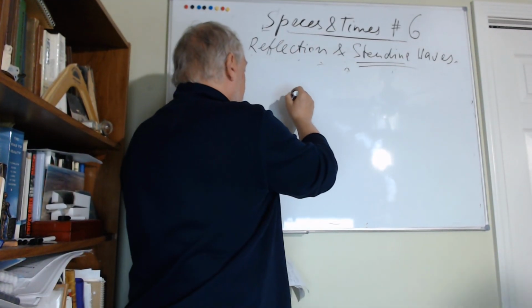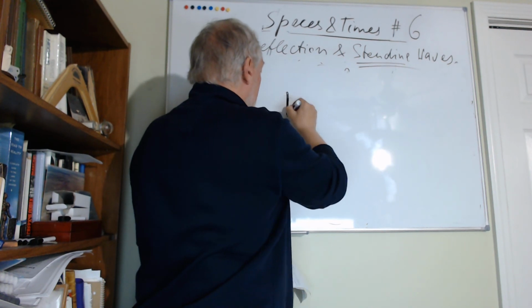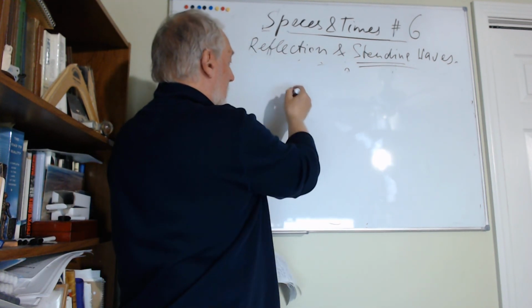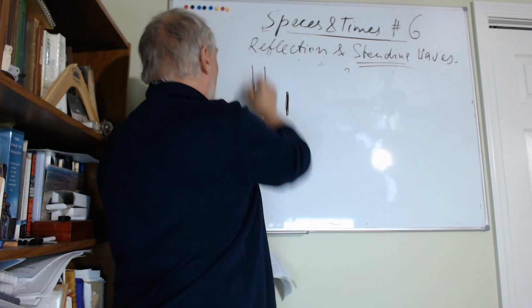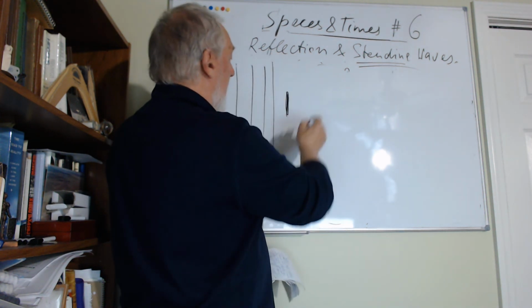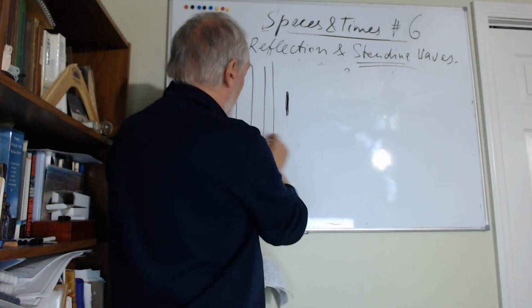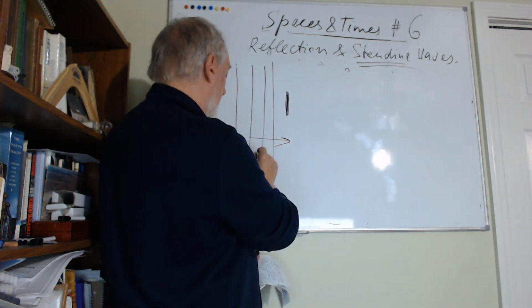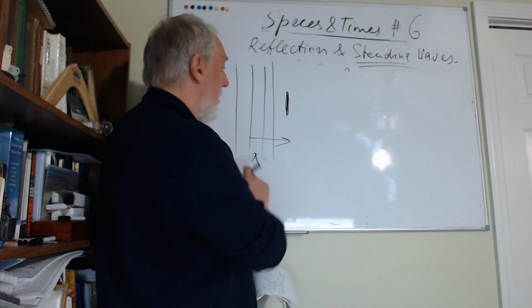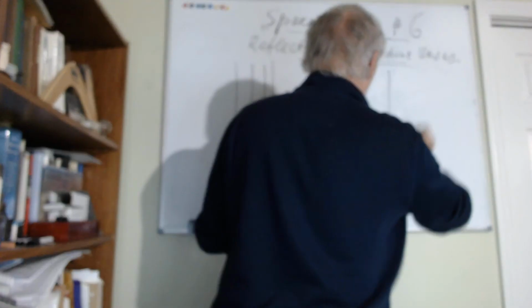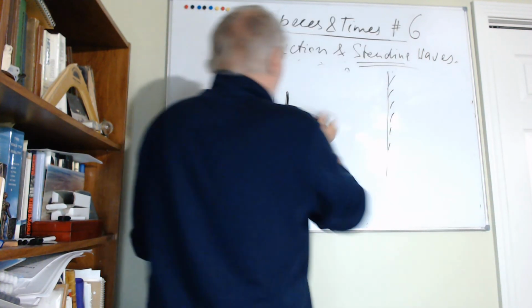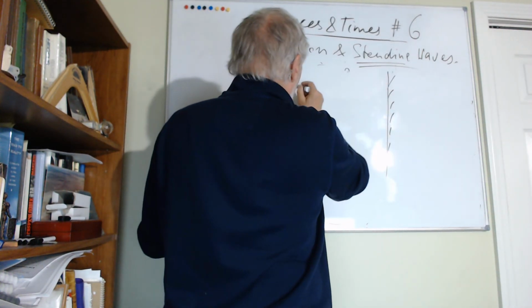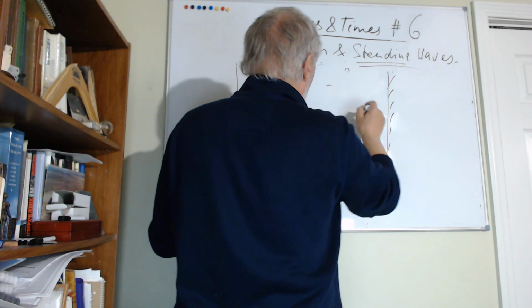So you have this disk, not transparent. And you have waves coming this way, with wavelength lambda. And then you have the screen somewhere, and on the screen, of course, there's some shadow. So waves are going some way.